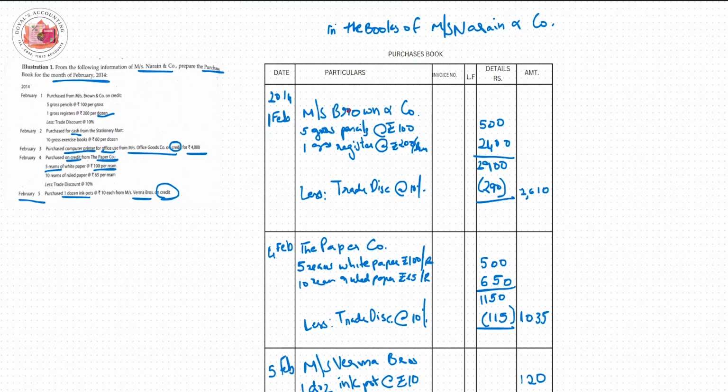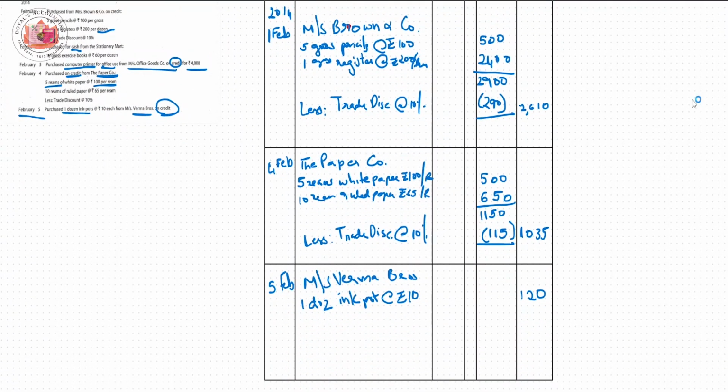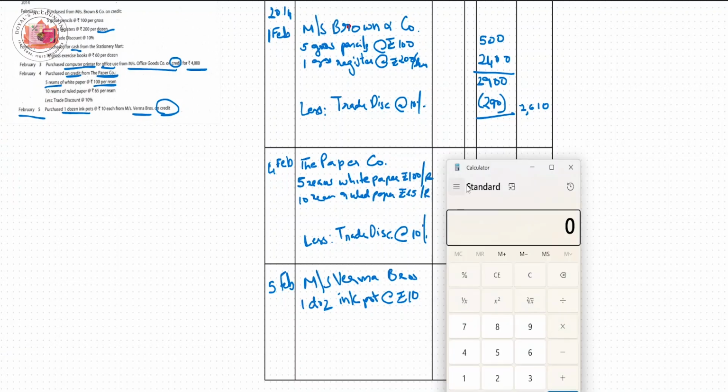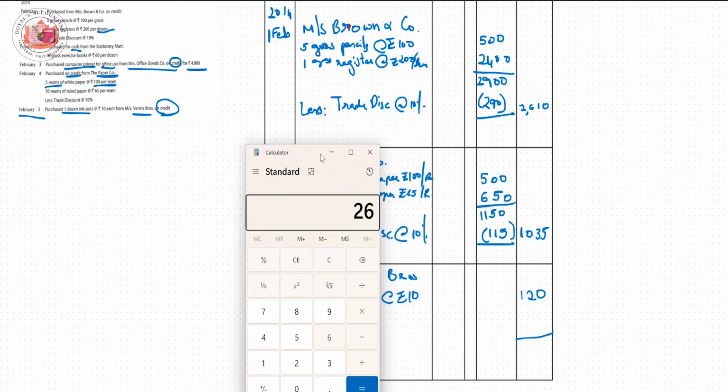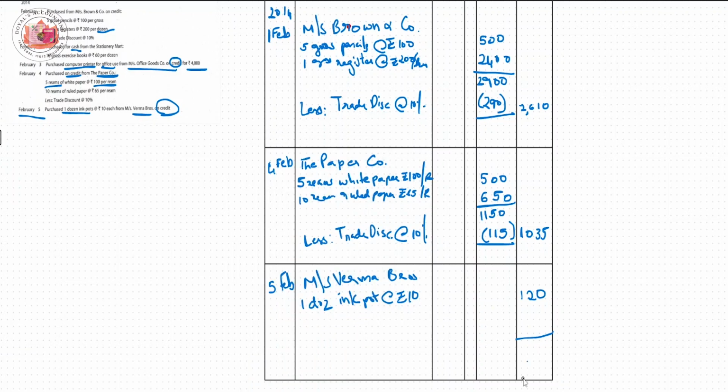Now we total up all these figures. 2610 plus 1035 plus 120, 3765. Remember, totals are always shown with a double line.